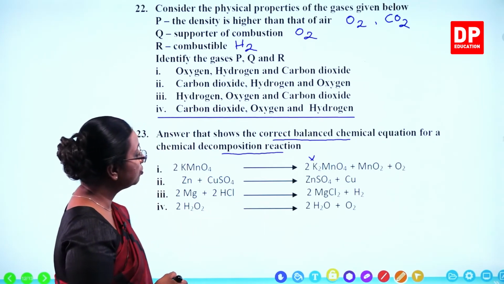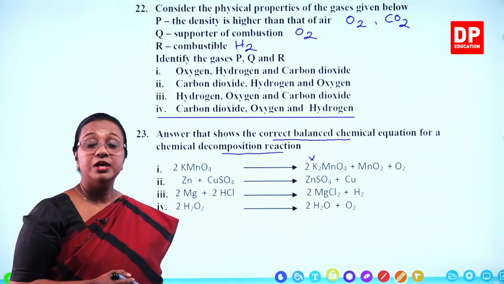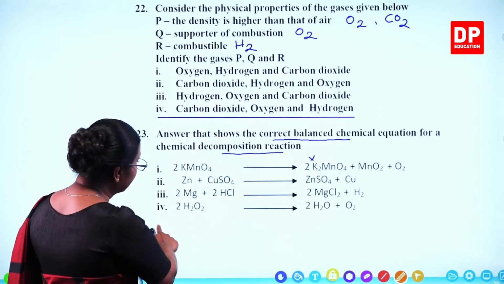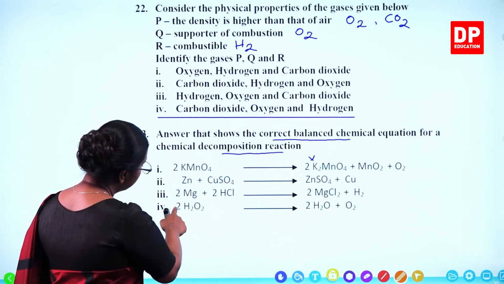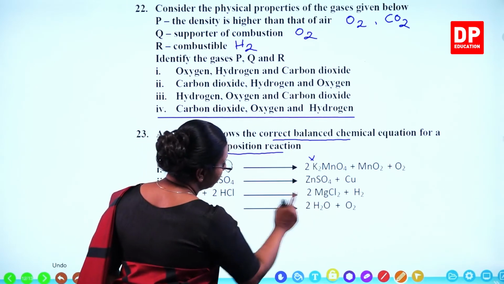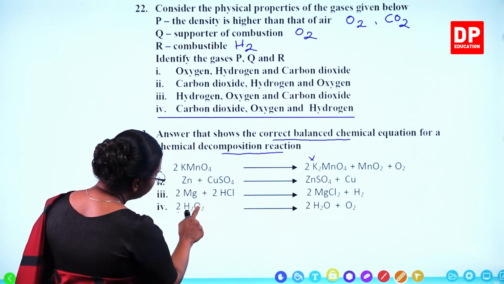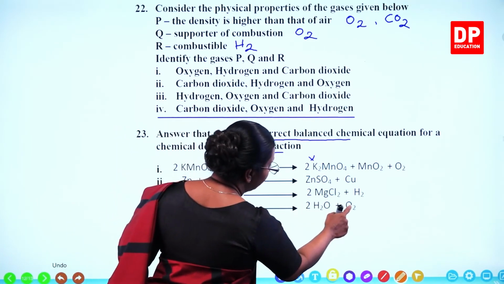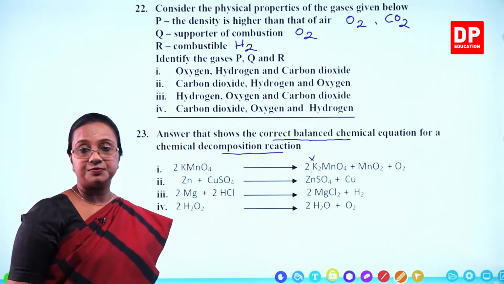2H2O2 gives rise to 2H2O plus O2. That is a chemical decomposition reaction, and see whether it is balanced. 2 into 2, there are 4 hydrogens, 2 into 2, 4 hydrogens, 2 into 2, 4 oxygen atoms, 2 plus 2, 4 oxygen atoms.